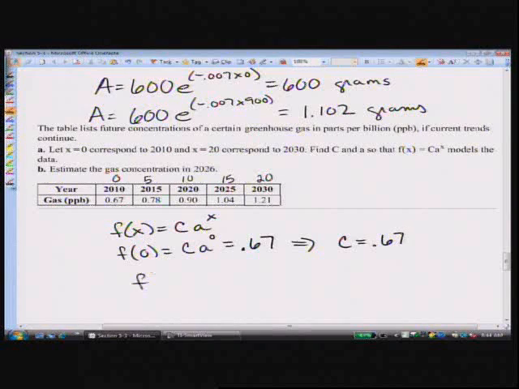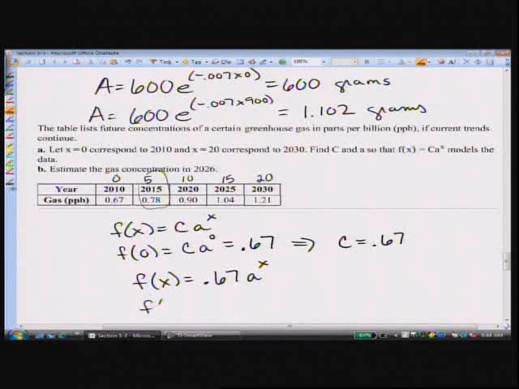So now we have an equation, f of x equals 0.67 a to the x. We can just use any of these other coordinates to figure out what a is. I'll go ahead and pick the 5. So f at 5 is equal to 0.67 a to the 5, and that answer is 0.78.